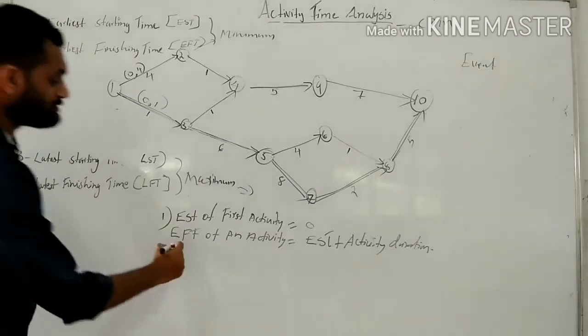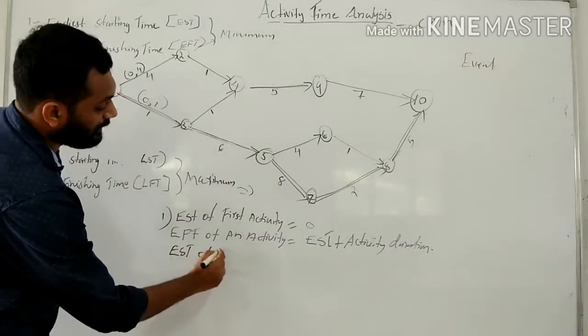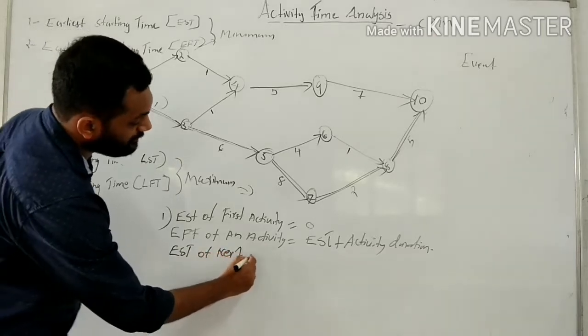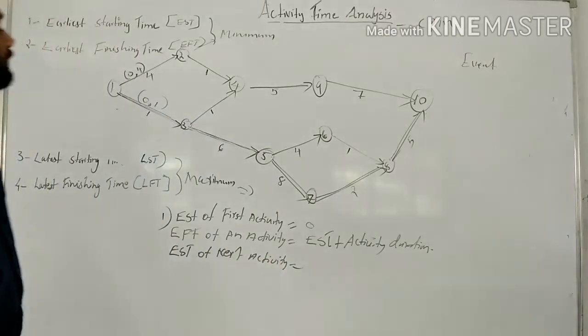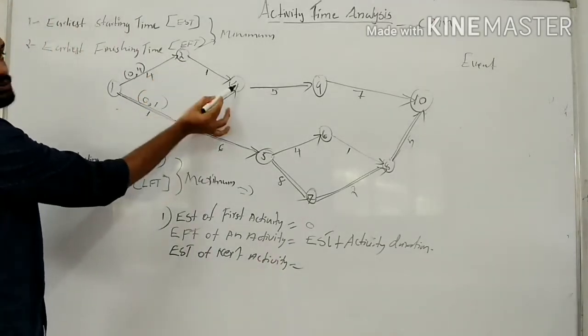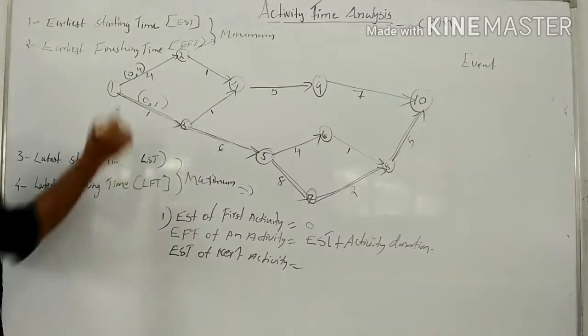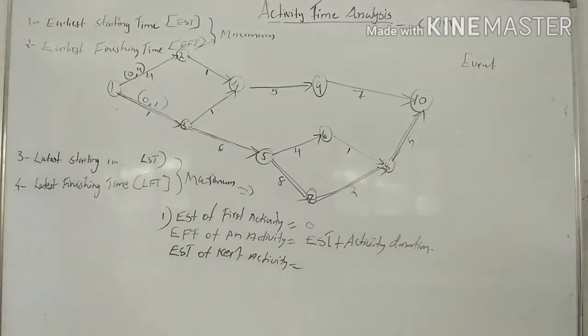Then EST of the next activity, for example EST of 2 to 4, is equal to EFT of the predecessor activity.